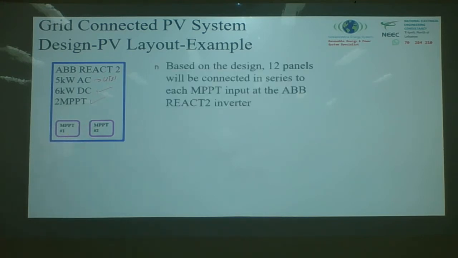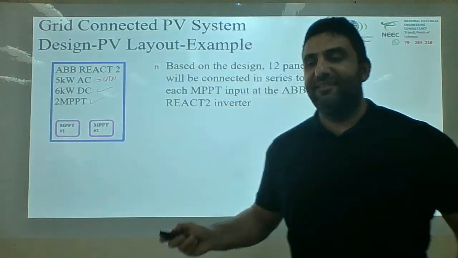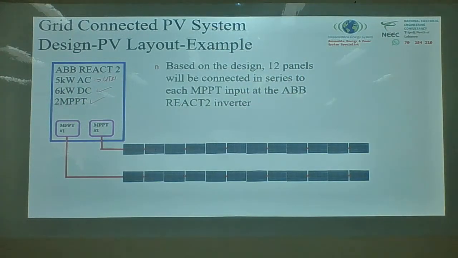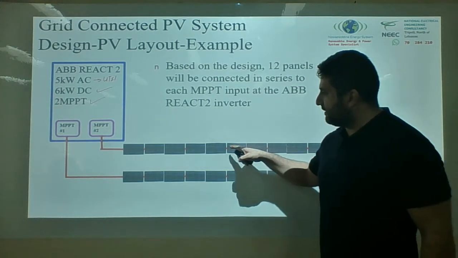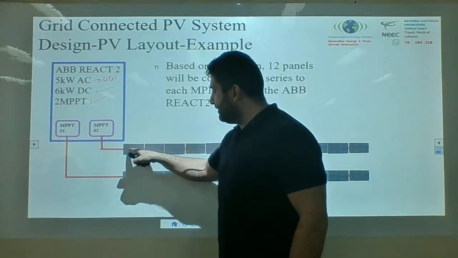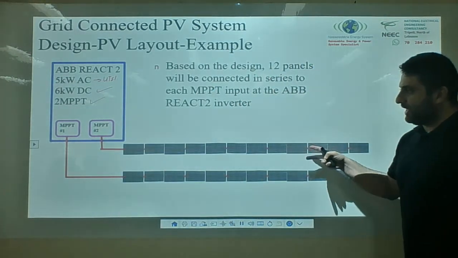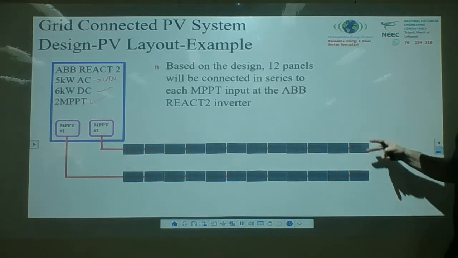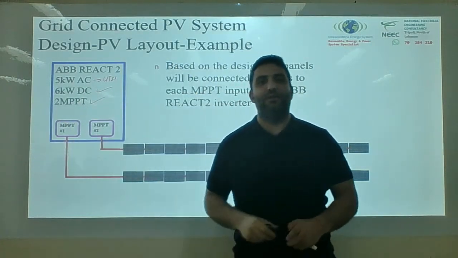Based on the design that we just did, 12 panels will be connected in series to each MPPT. So I put 1, 2, 3, 4, 5, 6, 7, 8, 9, 10, 11, 12 in series. And then I connect to the second MPPT. So now the total connection is 24 panels to this one, which is the 6 kilowatt.